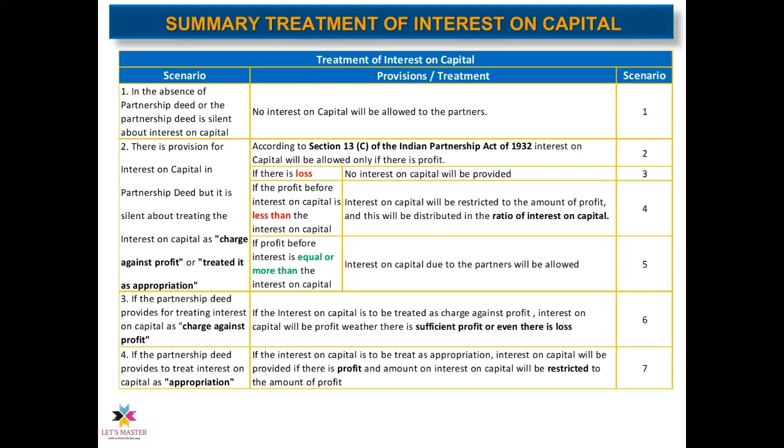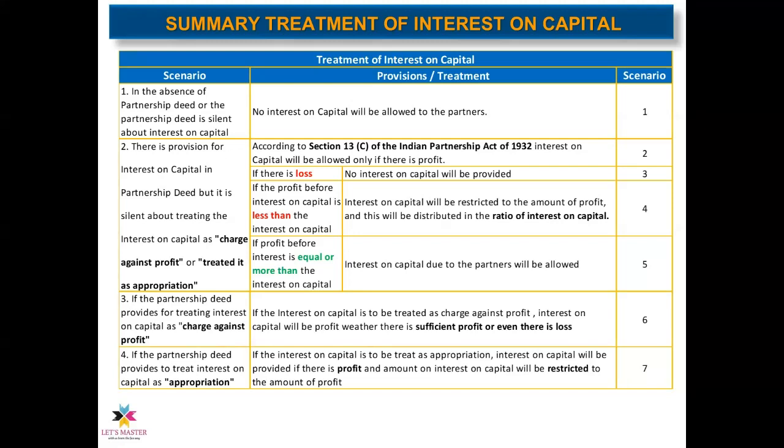If the profit before interest on capital is less than the interest on capital, for example, the firm has earned a profit of rupees 10,000 and the total interest on capital to be provided to all the partners amounts to rupees 12,000, then the interest on capital would be restricted to the amount of profit. So we will pay interest to the partners on their capital only up to the extent of rupees 10,000.